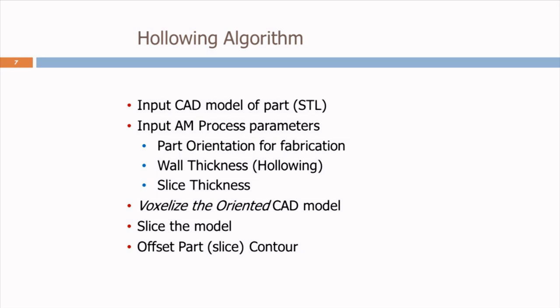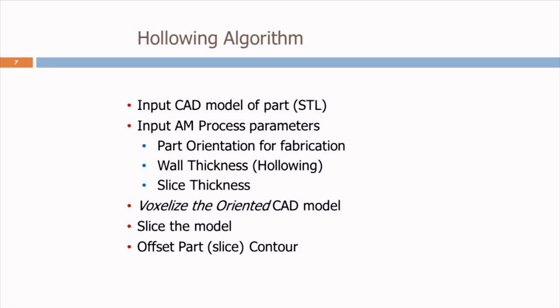For a given part orientation, it asks for the wall thickness, that is, how much material should be left as the shelling material. It also asks for the slice thickness. The part is built layer by layer, so the slice thickness is extremely important, because it decides the part accuracy and also the part build time.